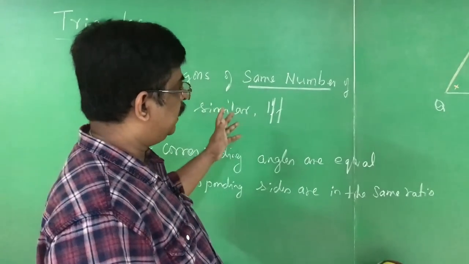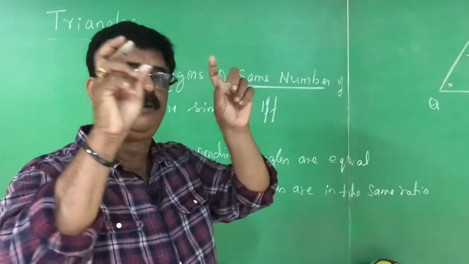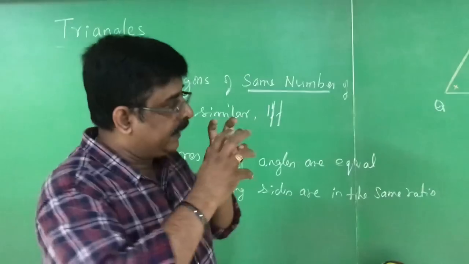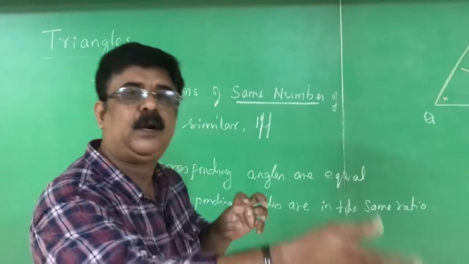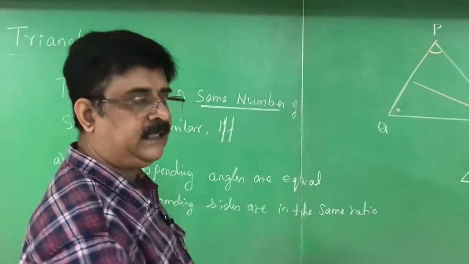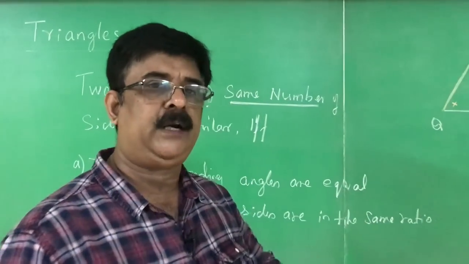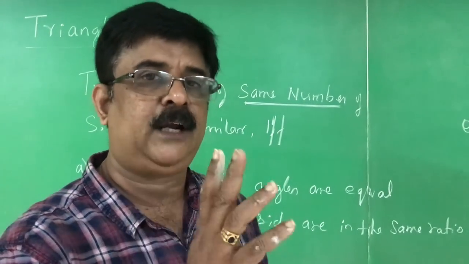When you consider two triangles, always identify them by equal angles and write their names according to their corresponding angles. Once you write the names according to the corresponding angles, it is easy for us to identify corresponding sides. What are corresponding sides? Corresponding sides are the sides opposite to equal angles.